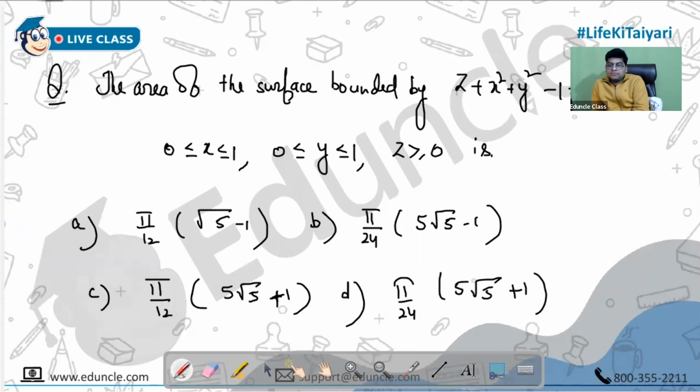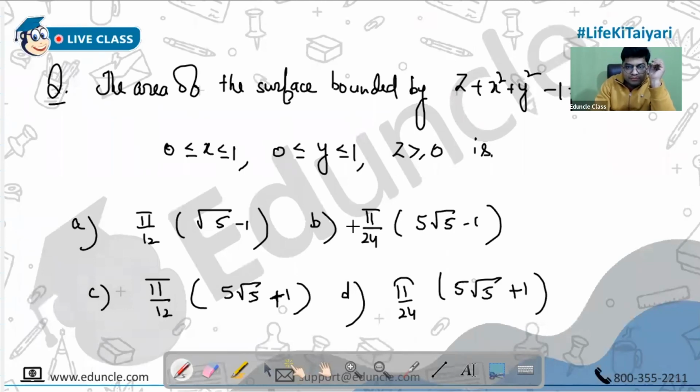This is not like a rotation, but this is a good question. B answer. Very good. B is the right answer.